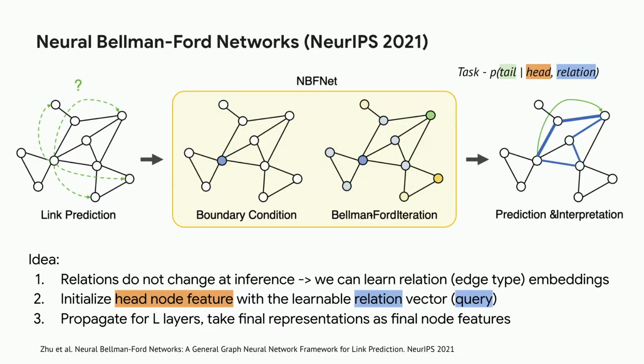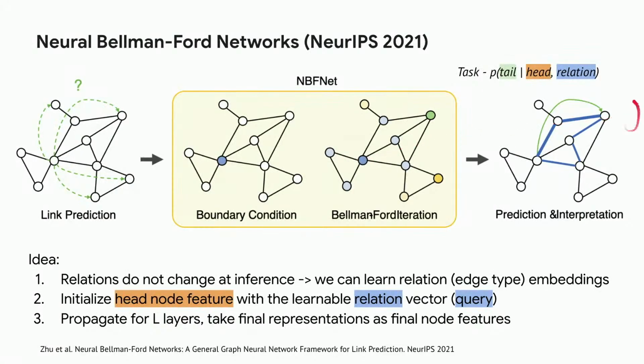Given some query, you start from the head node that you have as a query, and by putting a certain indicator vector in it, it can be a different vector, there are several studies on what this vector could be. In the general case, it can be a vector of all ones, and everything else all zeros. You start a message passing process such that the final state of each node will be conditioned on the starting position.